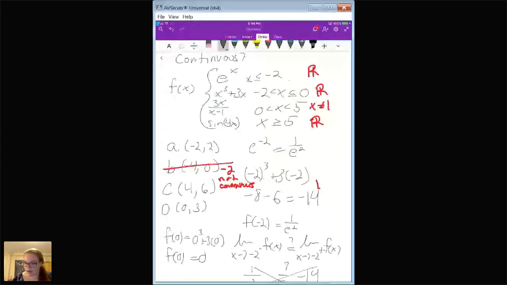So, yep, no problem. So what I want to look at now is we've ruled out B. We think it could be -2, 2. That's a good possibility. It looks continuous because we know our polynomial is continuous, and we know that our function, let's see.